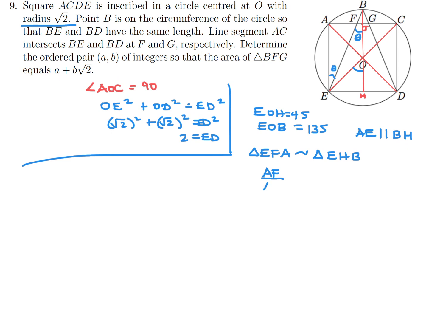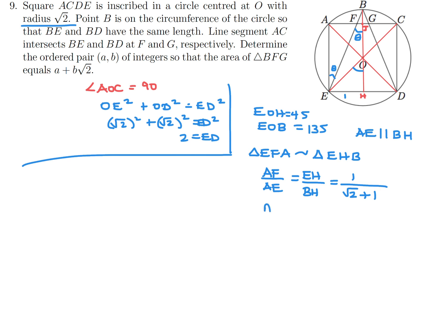So that helps, now we can make a comparison. AF over AE is the same as EH over BH. The side length was 2, so EH is going to be half of that, so that's just going to be 1. BH, all the way from top to bottom: BO is just the radius, so that's root 2, and then OH is just half of the side length, so that's 1. So I'm pretty sure that's right.